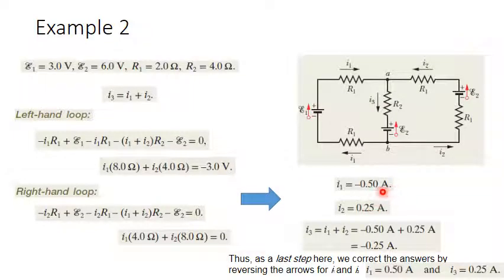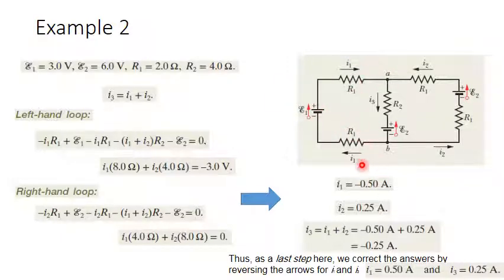We should note that the result of I1 is negative. This means that I assumed that I1 is going in this direction, but the actual current is going in the opposite direction. So I1 is actually going from A to B, not from B to A.